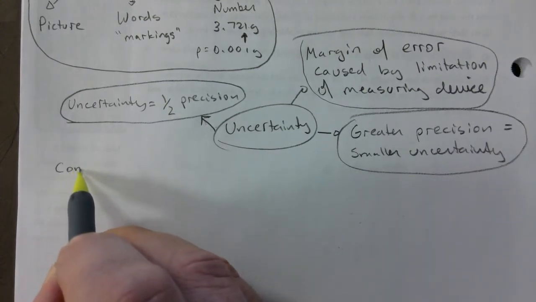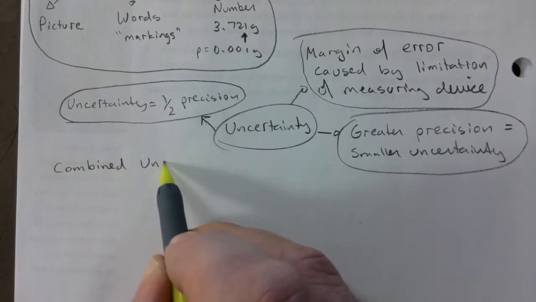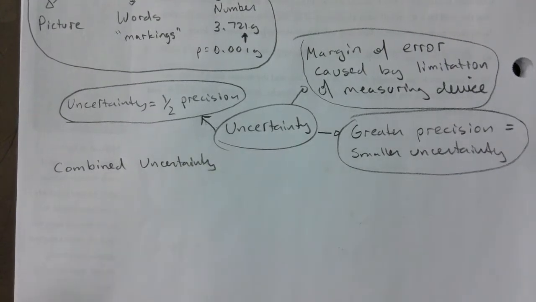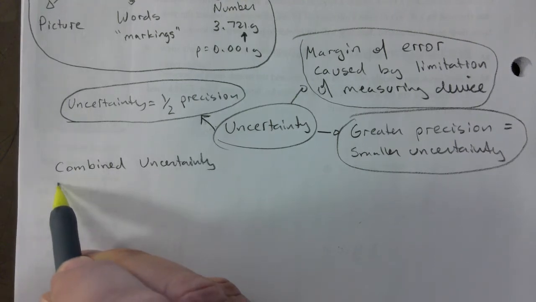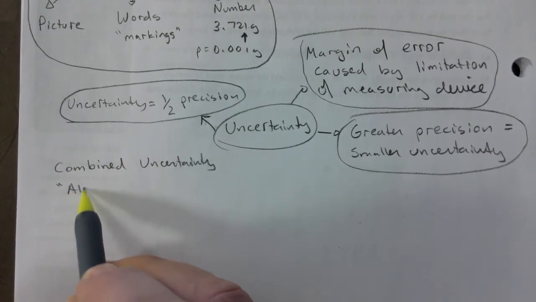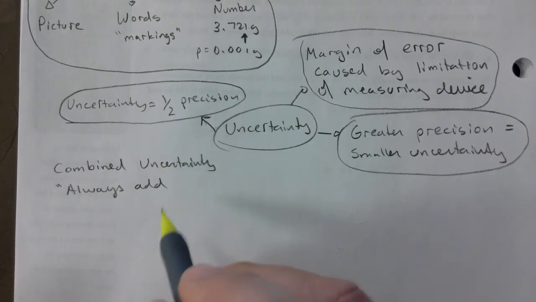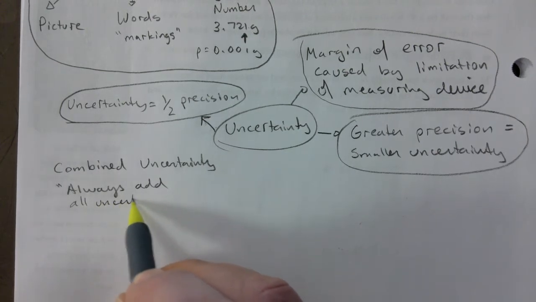Combine uncertainties, or combined uncertainty, we'll say, right? Always add all uncertainties.